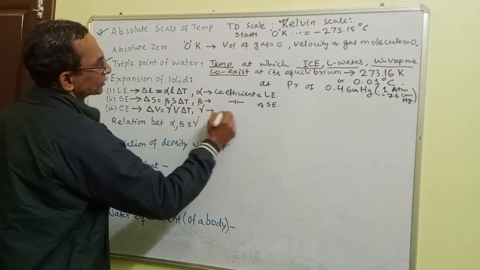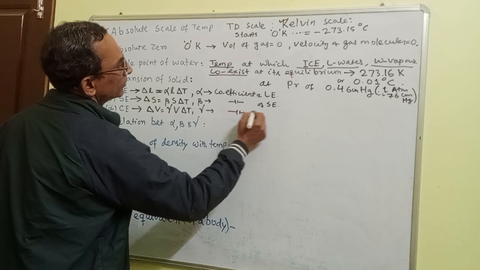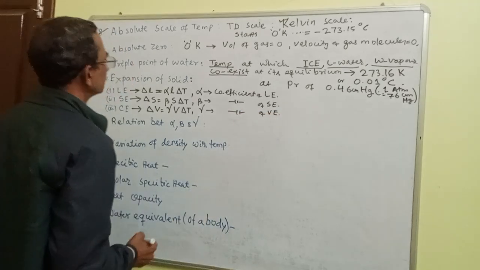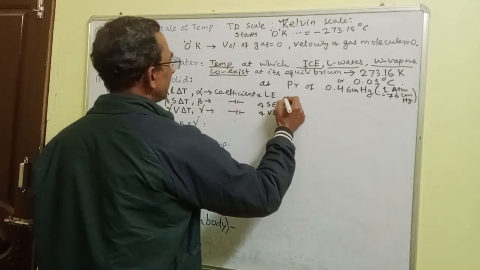Here gamma is the coefficient of cubical or volume expansion. Now we can get the final values.